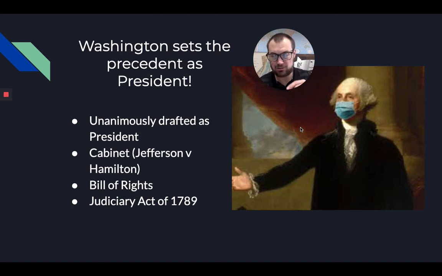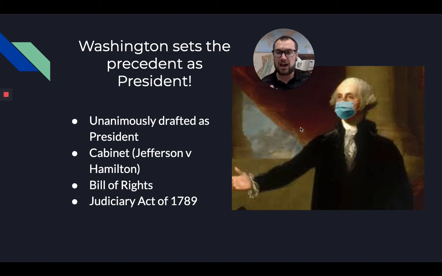Additionally, the cabinet includes the White House Chief of Staff and heads of the Environmental Protection Agency, Office of Management and Budget, United States Trade Representative, Central Intelligence Agency, Office of the Director of National Intelligence, and Small Business Administration. Whoa, so it has grown a lot, people.